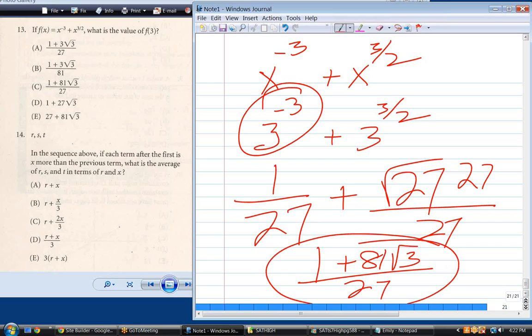Which method is faster? I don't know. Maybe yours, but maybe not. Depends on how fast you can narrow down those answers to give you your calculator answer. I think it's probably worth you knowing how to do this algebra.